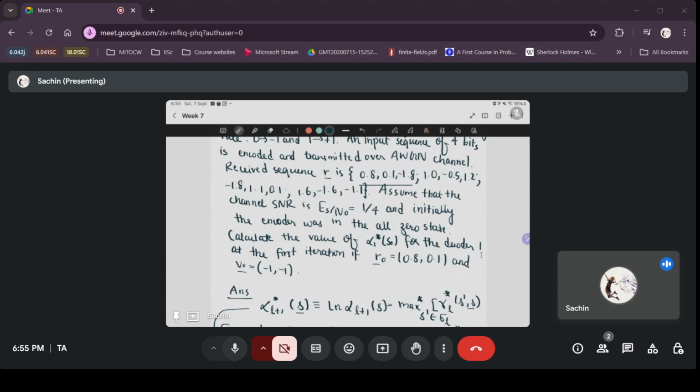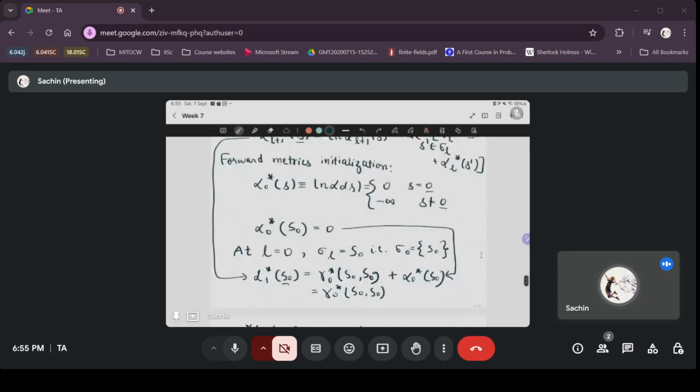The bits at time instant 0 in the received vector are 0.8, 0.1, minus 1.8, 1.8. 0.8 is the systematic part, 0.1 is from the first encoder, and the rest is from the second encoder. Since we are dealing with only decoder 1, the received vector is 0.8, 0.1 at time instant L equal to 0, and V0 is given as minus 1 comma minus 1.